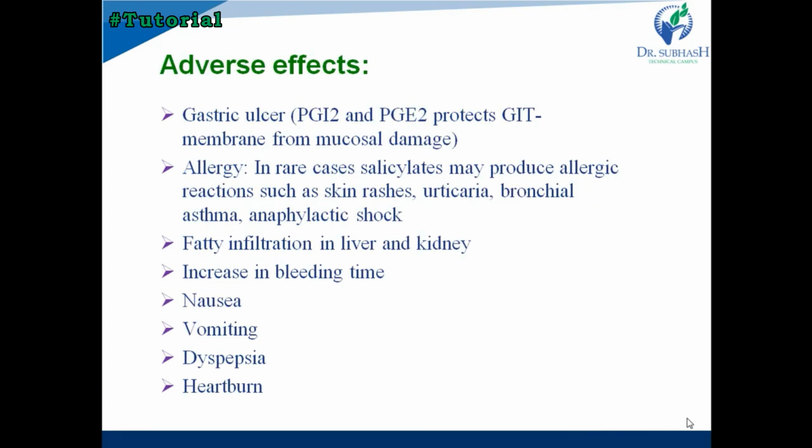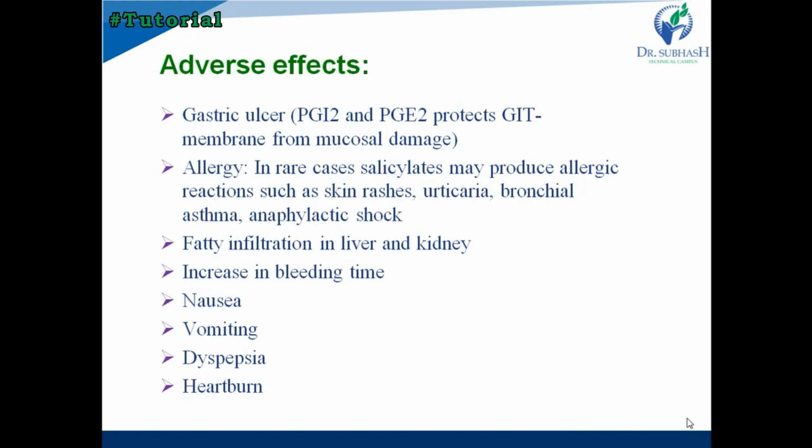Adverse effects. We have seen the main adverse effect of the NSAIDs is gastric ulcer, which is due to COX-1 inhibition. Then in rare cases, salicylates produce allergic reactions such as skin rashes, urticaria, bronchial asthma, and anaphylactic shock. Urticaria means itching, and anaphylactic shock is a severe form of allergy.